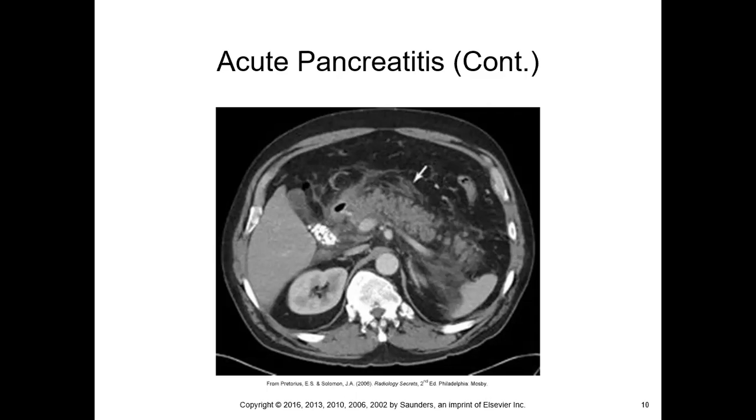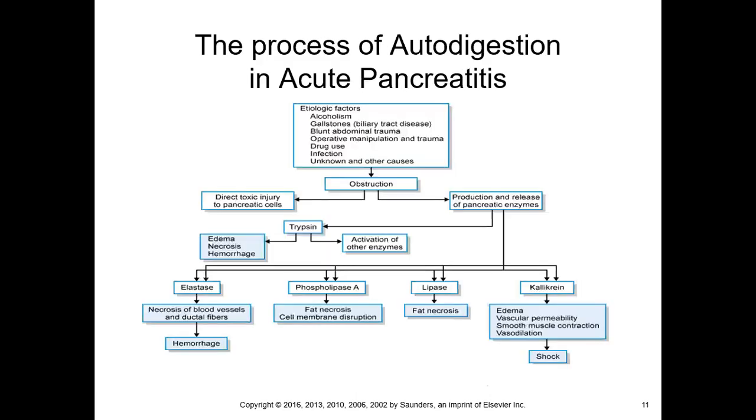So acute and chronic have pretty much the same meds and treatments. I'll get back to that when we get to chronic.